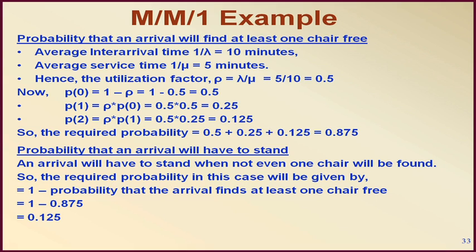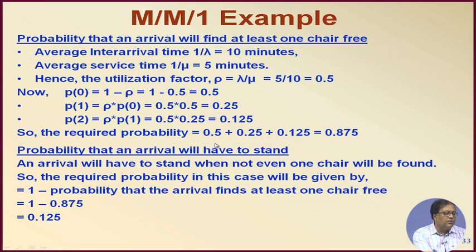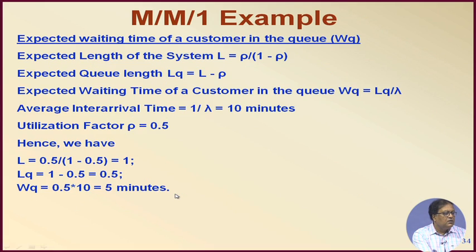You have to find probability that an arrival will have to stand, which happens when there are more than 2 people in the system. That means 1 minus P0 minus P1 minus P2, all right. But P0 plus P1 plus P2 already we have found 0.875. So, deduct it from 1, 0.125, that will be the probability that arrival will have to stand.